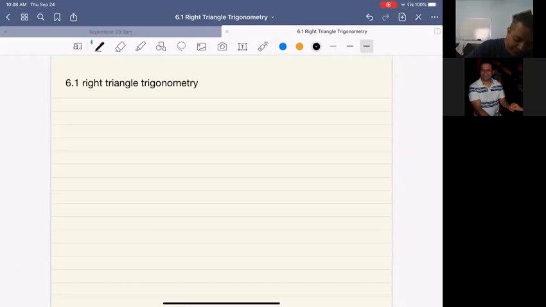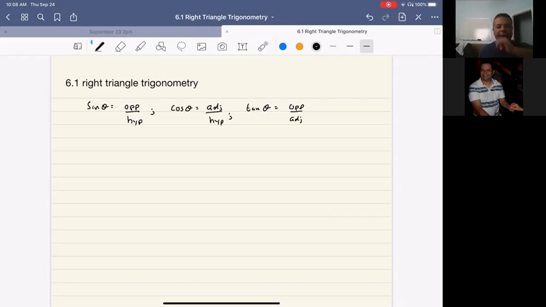We know sine of theta is opposite over hypotenuse. Cosine theta is adjacent over hypotenuse. And tangent theta is opposite over adjacent. Now keep in mind, this is for right triangles.